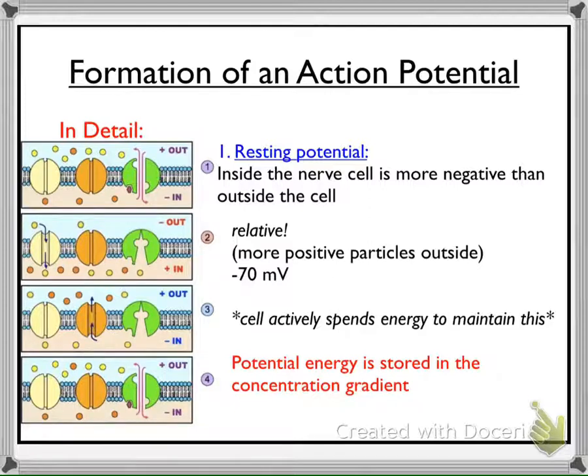They want to go from an area of high concentration to an area of low concentration. And later on, if we allow those charged particles to move, we're going to be able to harness energy from their movement. So that's what's going on inside a neuron during resting potential, until a stimulus is introduced to that neuron. In other words, until there is a message to be carried.